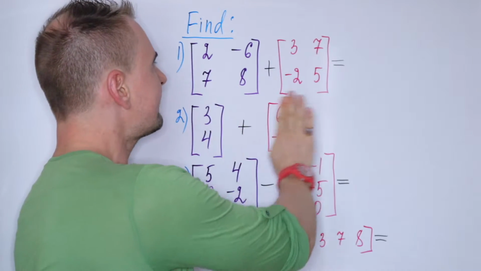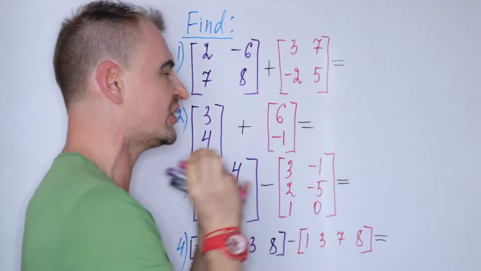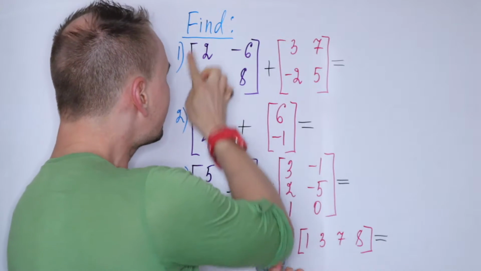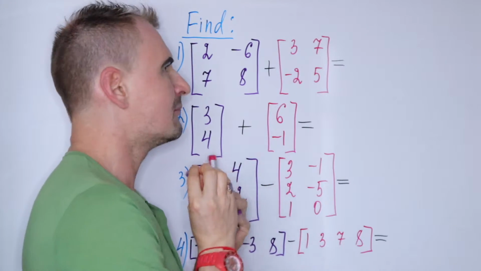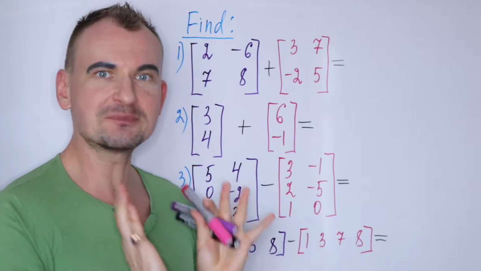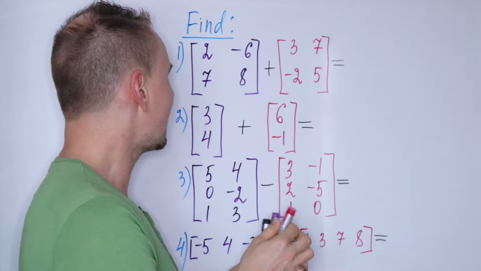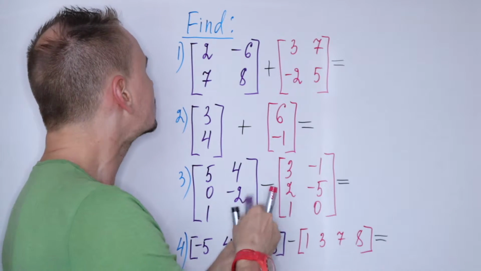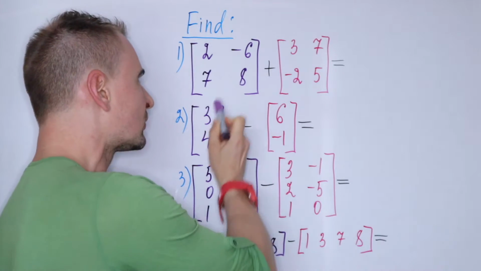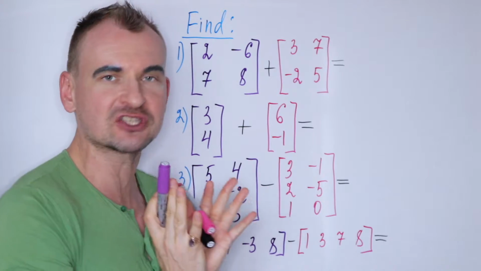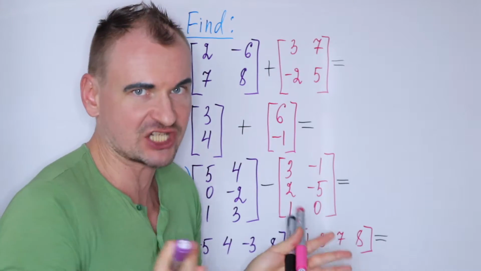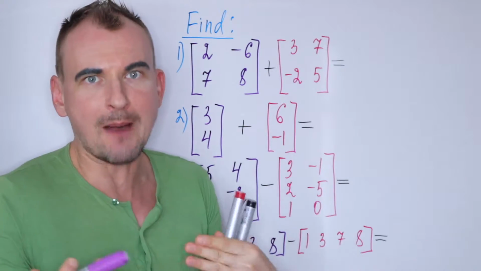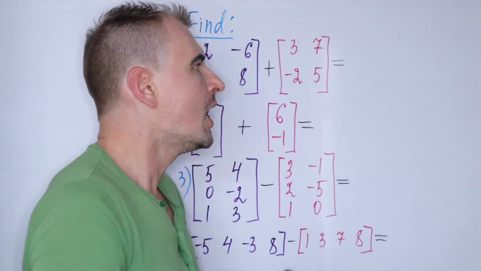Say you're given these two matrices and you need to add them. You need to find the sum. So the first matrix has the order 2 by 2, since it has 2 rows and 2 columns, or sometimes it's called a square matrix because the number of rows equals the number of columns.